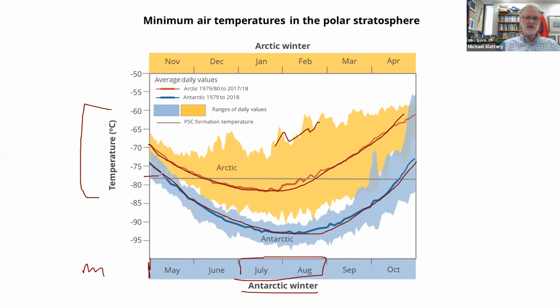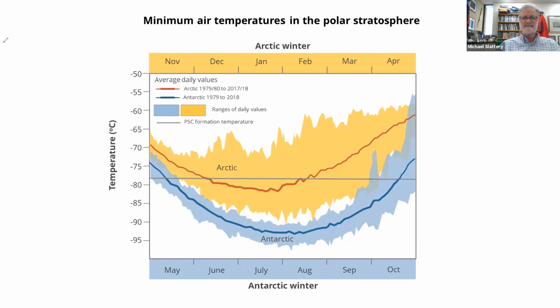And this horizontal line here that I've drawn is the magical minus 78 degrees line. What do you see? This is a complicated diagram, but if you can appreciate this diagram, you're almost there. What do you notice about air temperatures? The Antarctic air temperatures are well below negative 78 degrees Celsius.